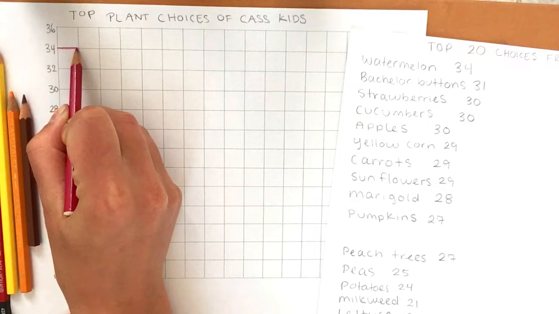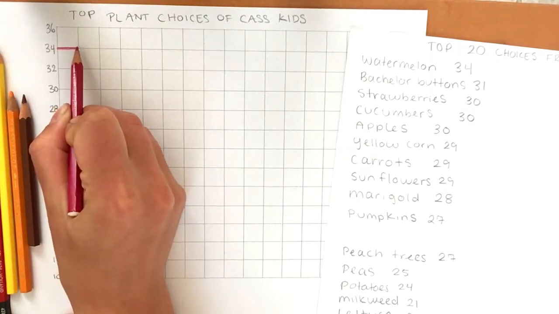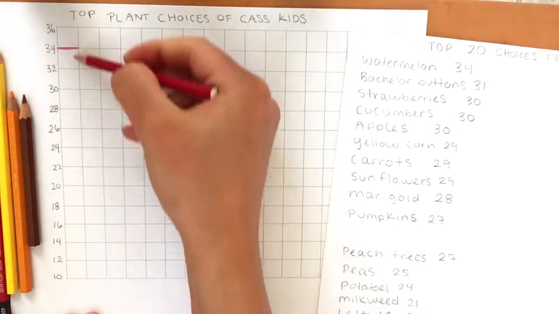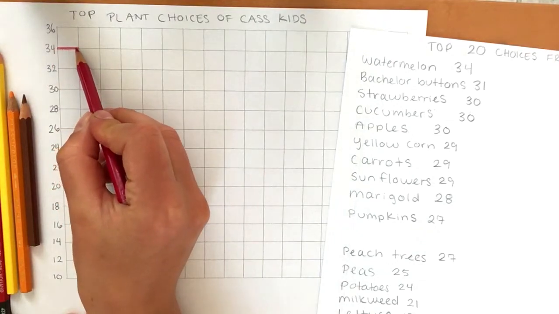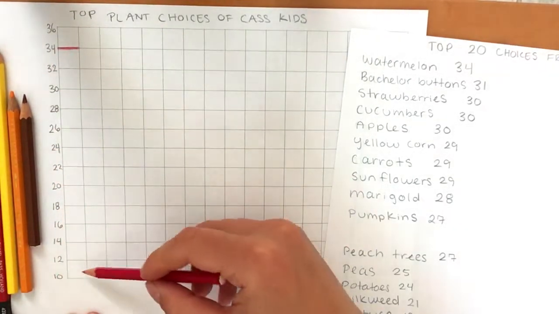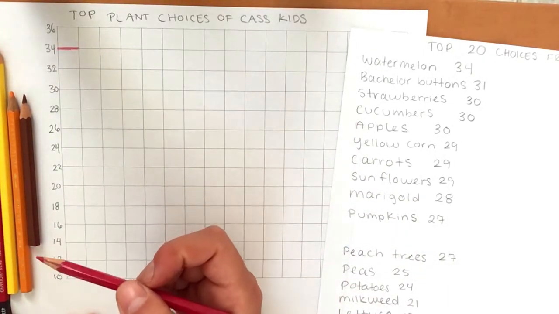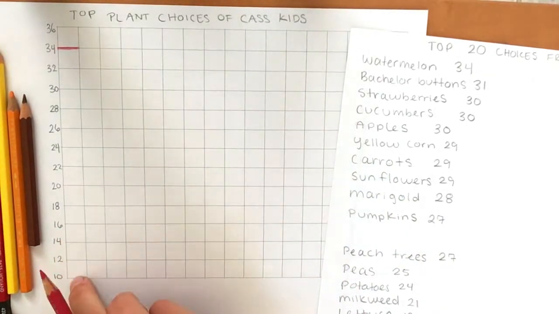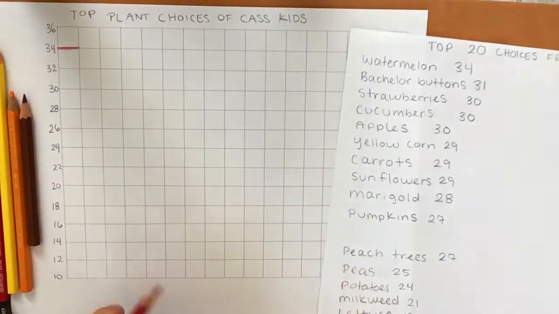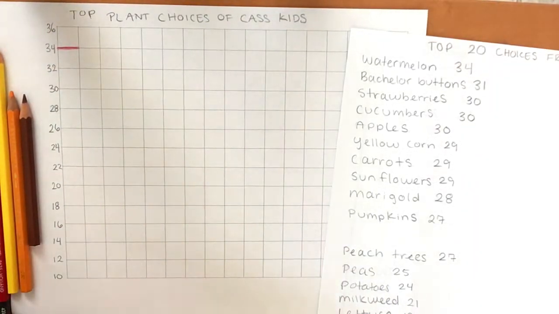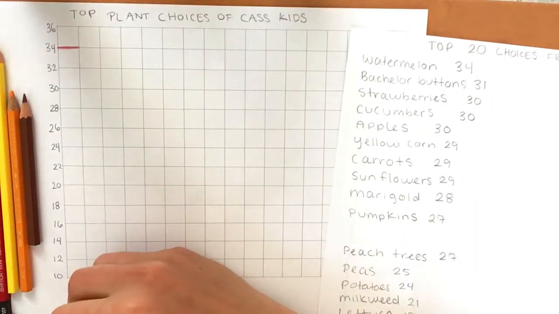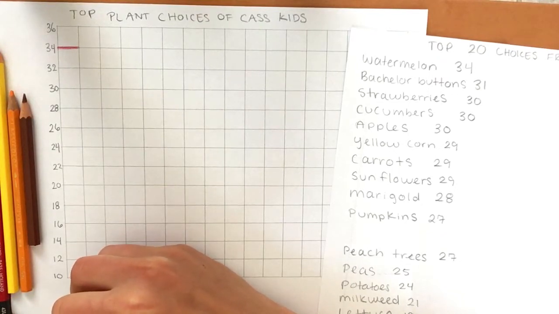So I'll give a little line that's going to remind me to not color above 34 today. So you could color this all in with one color, or you could draw watermelons all up the bar graph. And I think to start, I will just write watermelon at the bottom just to be extra clear.